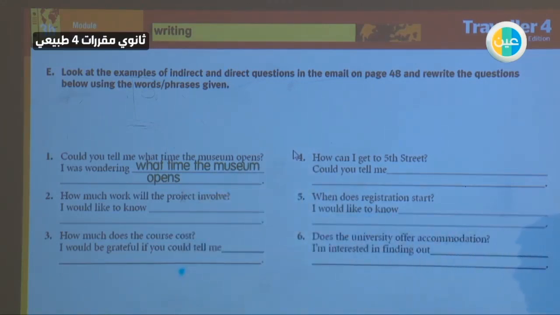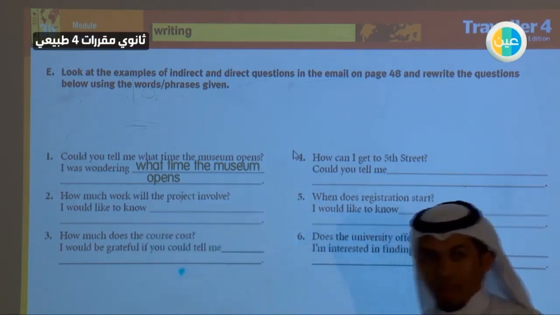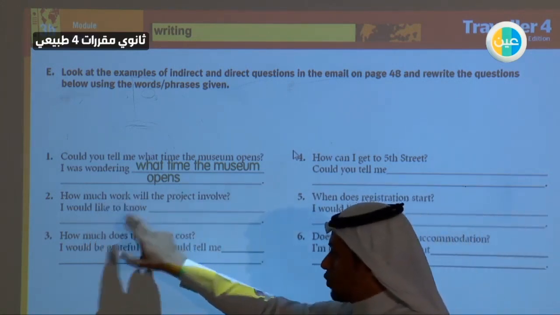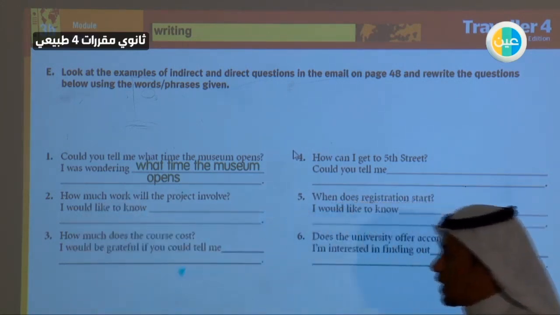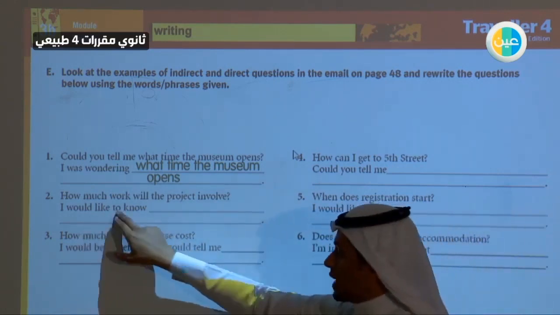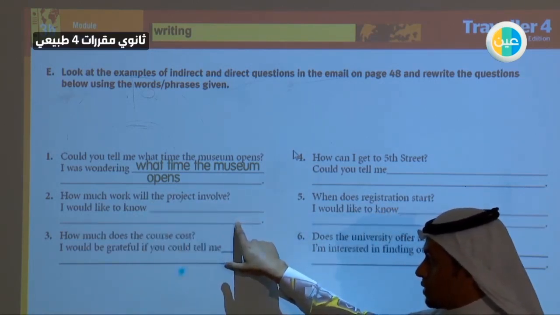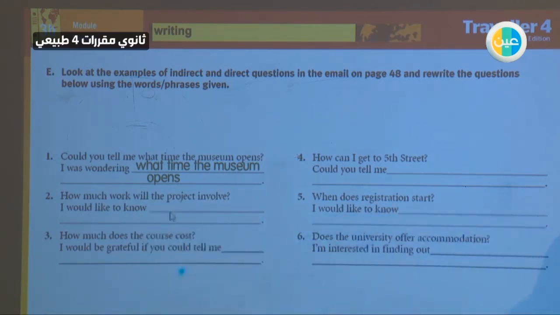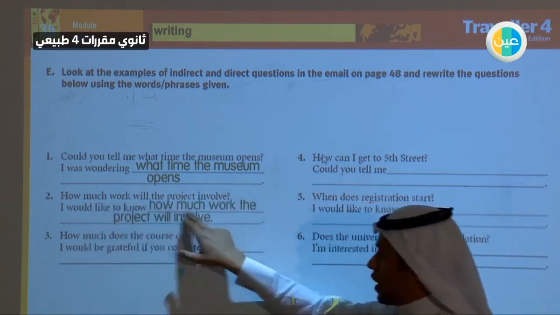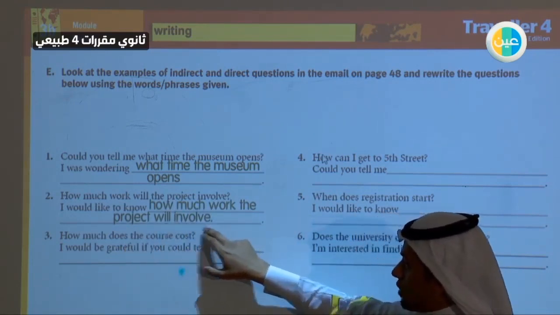2, how much work will the project involve? I have much work in a project. So I would like to know, and now we turn this into an indirect question. I would like to know how much work the project will involve.